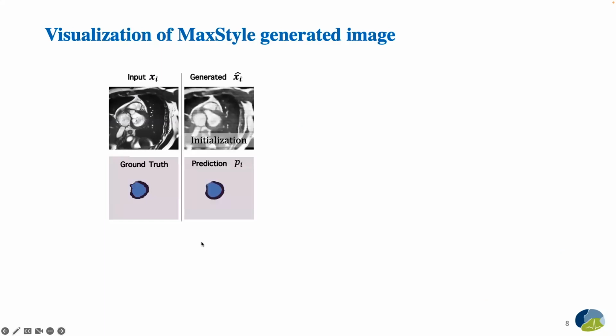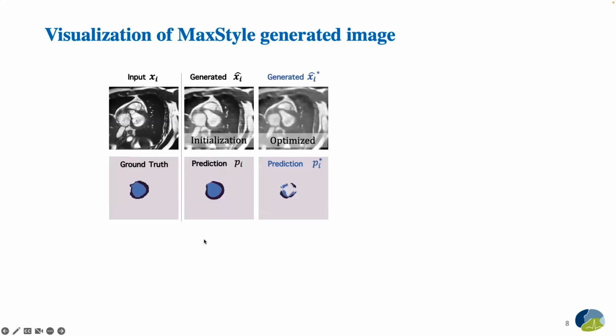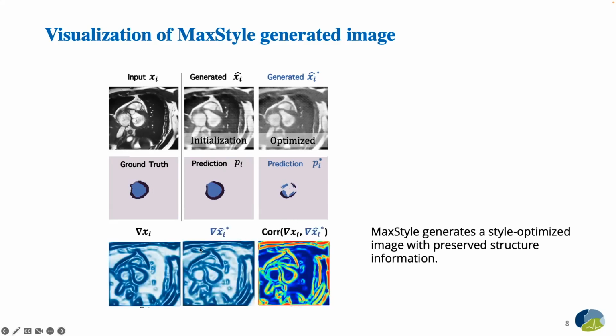Here it shows MaxStyle augmented images before and after style optimization, where we can clearly see that the network is more sensitive to the style-optimized image, although there is a strong structural correlation between the input image and this augmented image. Augmenting the dataset with these challenging images can help to improve the model robustness against different image appearance variations.